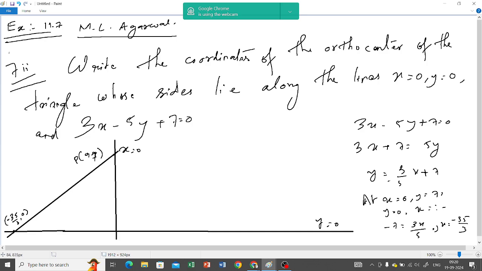So this is my line. So that means write down the coordinates of the orthocenter of a triangle whose sides lie along the lines x equals to 0, y equals to 0, right?